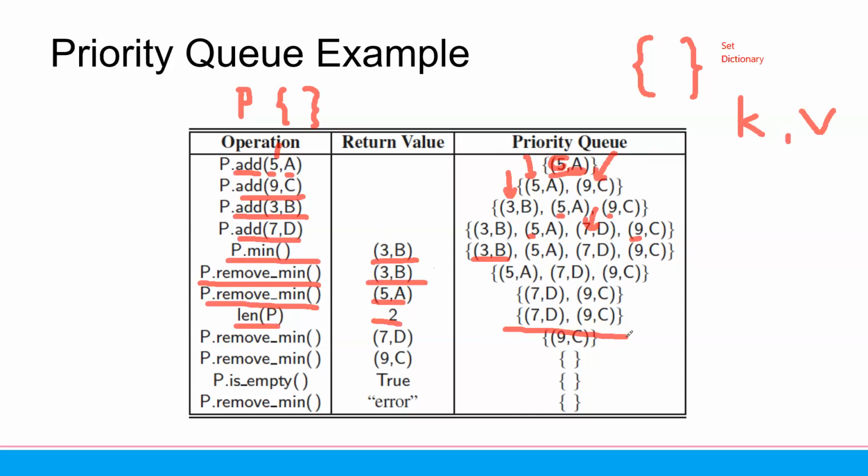If I want to remove the minimum, 7. If I want to remove the minimum, 9. And if I want to check whether it is empty, yes, it is true, because now it is empty. And if I want to remove the minimum again, it will be an error, because the current data is empty.